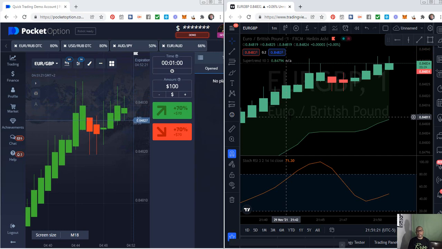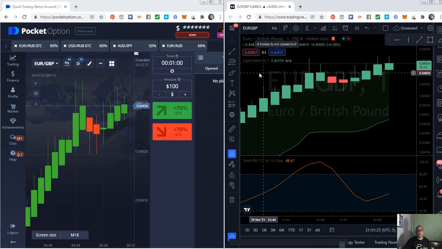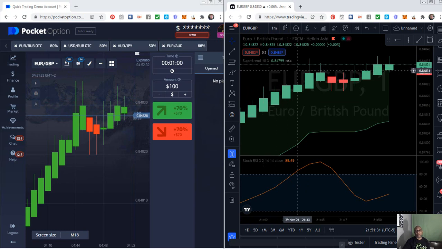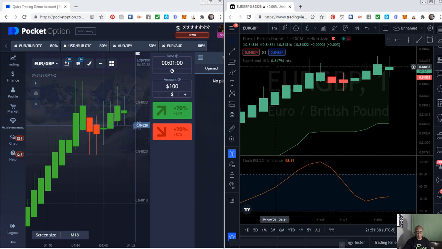So with that, guys, here is the strategy. In your TradingView, all you're using right here, you see, is the Super Trend. The settings are 10 and 3. They will actually be that way when you put it on your chart, so you don't have to change anything there.